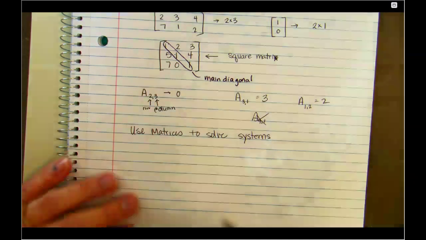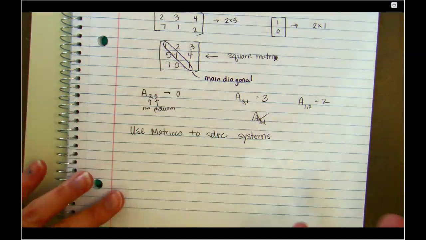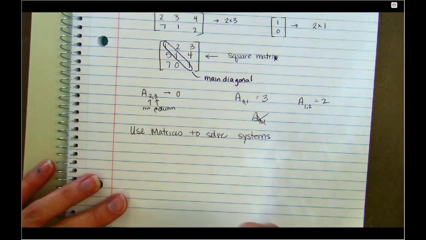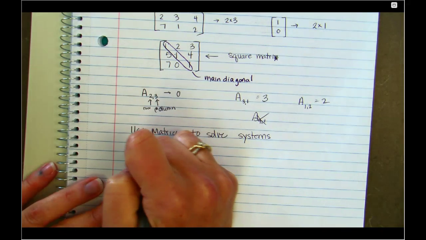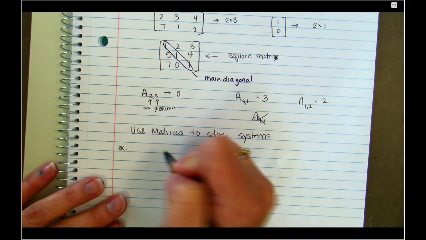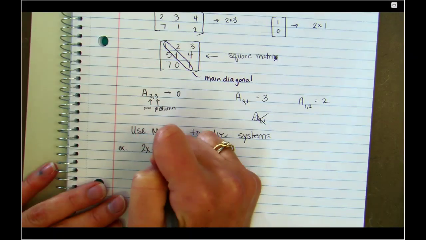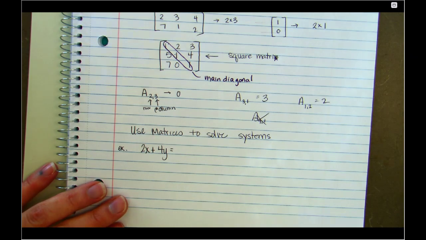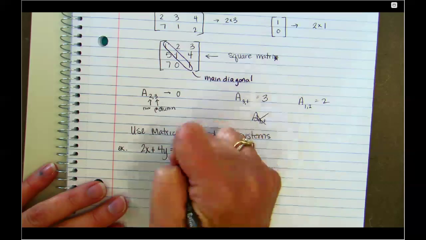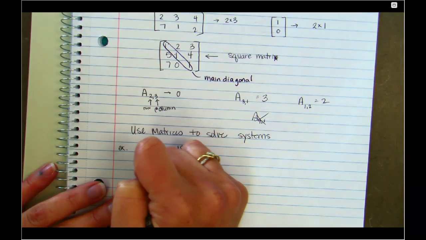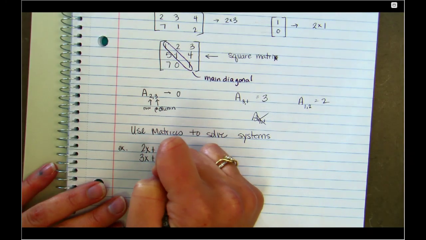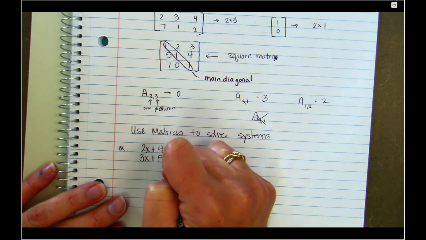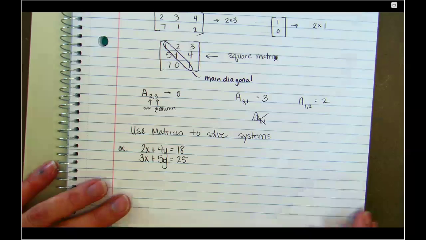Okay, so we're going to start with some that are easy that I probably would solve using substitution or elimination, but we're going to start with easy ones. So if this is my system, I just got to think a second. So let's go. Okay, so this is my system.